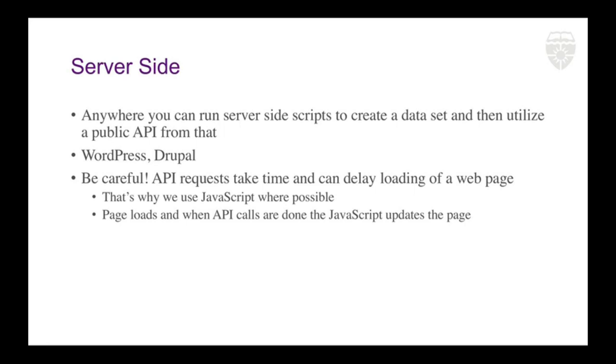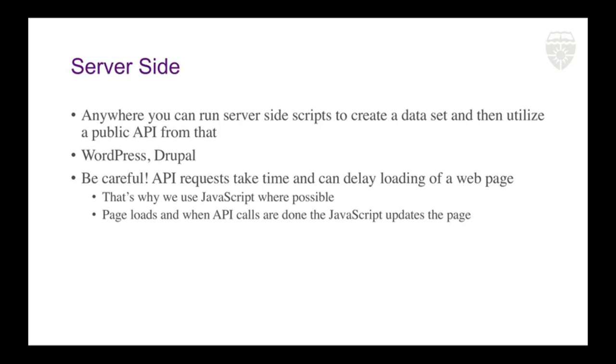But you need to be careful because API requests take time and delay loading of a web page. You're loading an asset. So if I'm going to request courses, I want to look up what instructors that course has, I want to look up their course list, I want to load all that in. Your page is going to stop loading, make all those API requests, and then when it's finished doing all those 15 API requests, then it's going to load.